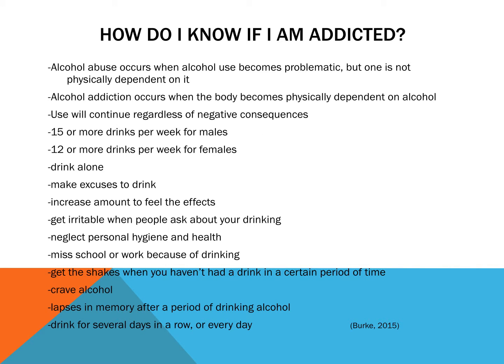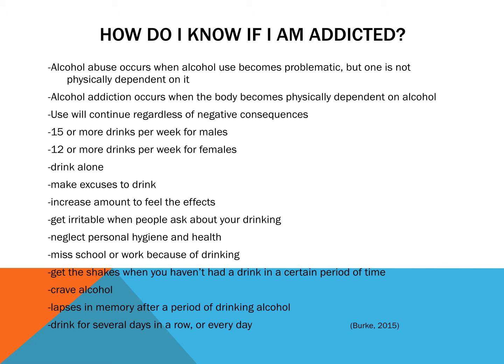So, how can we tell if we have become addicted to alcohol? Not everyone that uses alcohol becomes addicted to it. A person can misuse alcohol without their bodies becoming physically dependent on it. However, once our bodies become physically dependent on alcohol, this is the point where it can be considered an addiction.